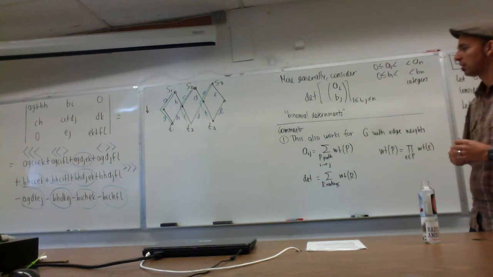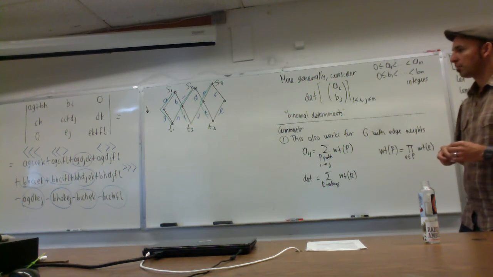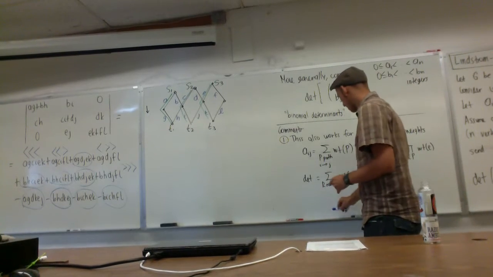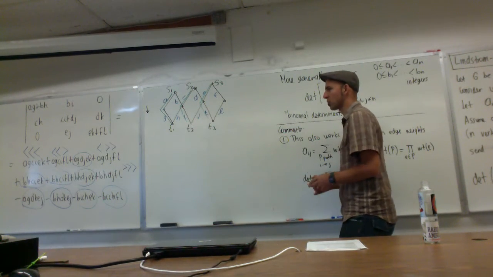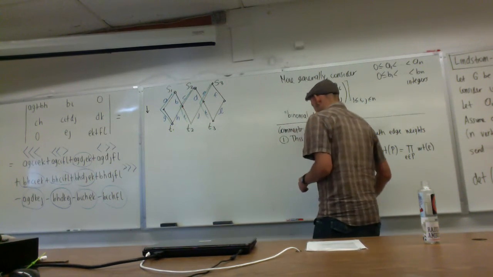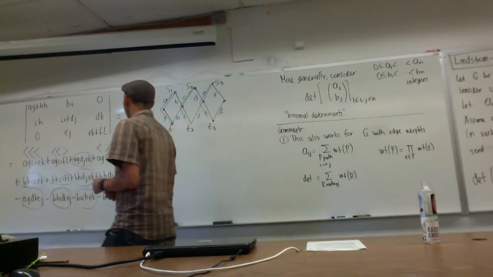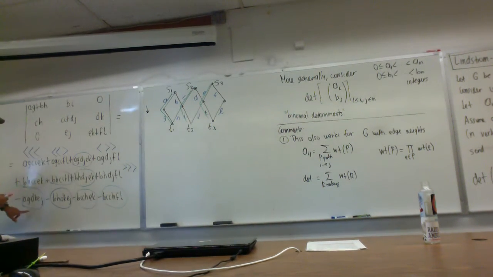Now, why is it that these things cancelled out? It's not an accident, of course, because this theorem is true. Let's look at this guy. Why did this guy cancel? What is this AG dk EJ? Where did it come from? It came from AG.